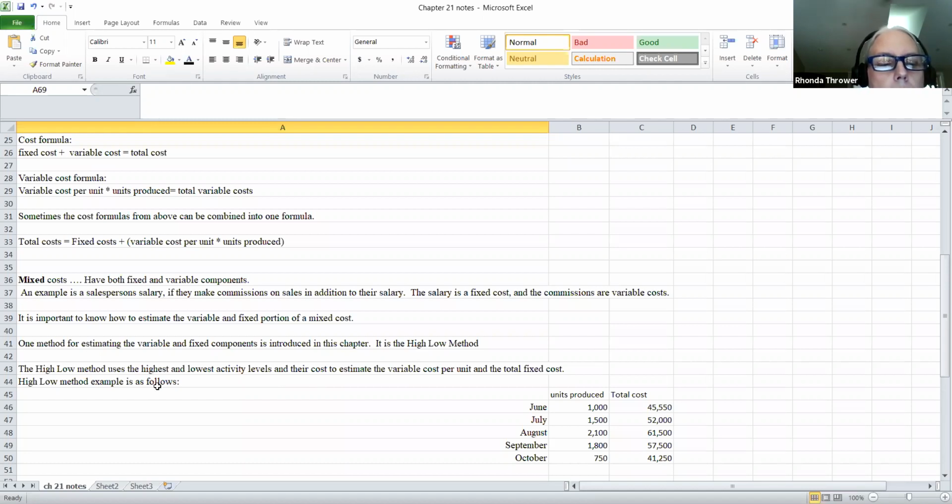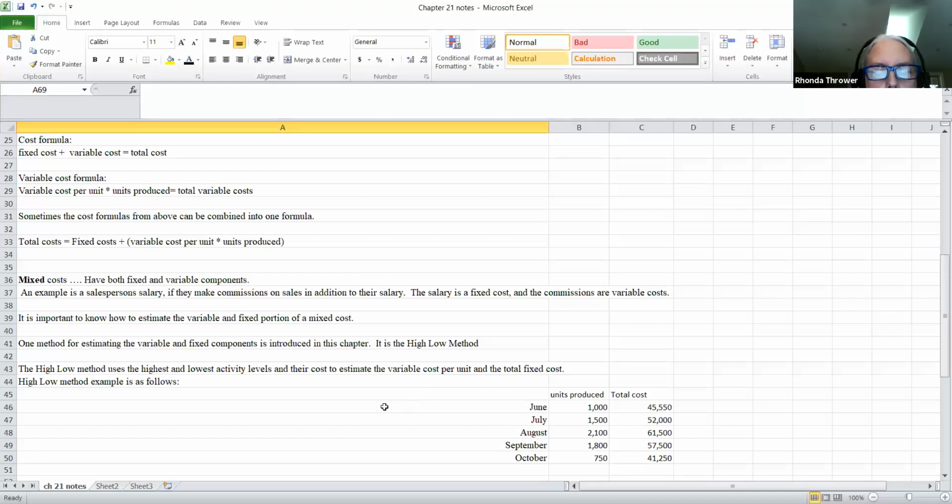In the High-Low method, they're using the highest and the lowest activity levels, or the number of units produced, and the cost to estimate the variable cost per unit and the total fixed cost.